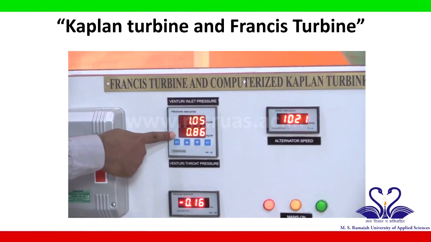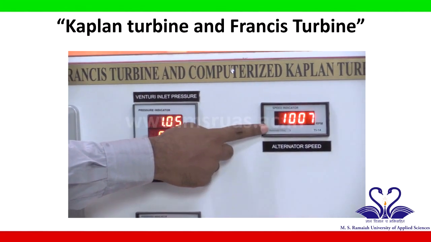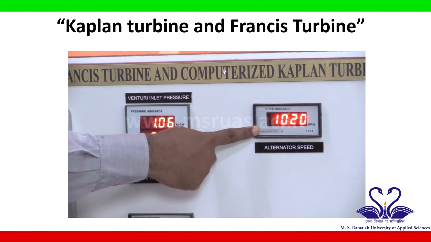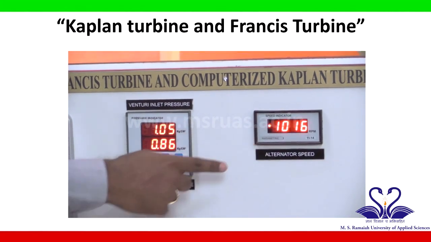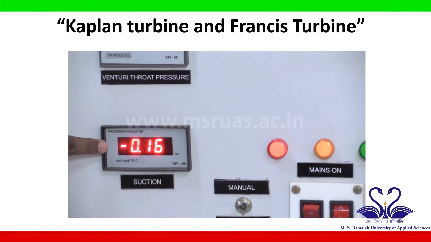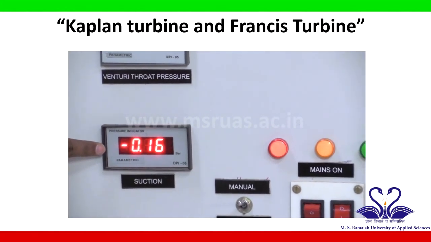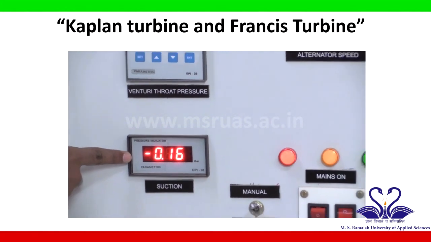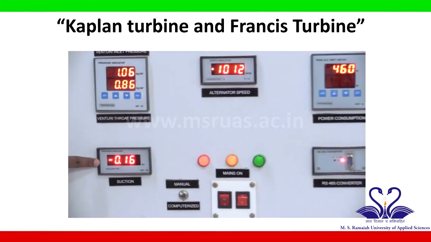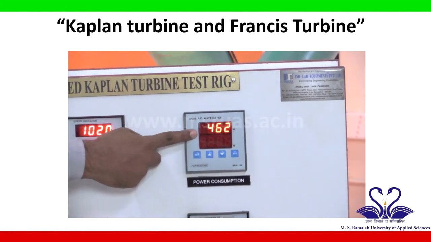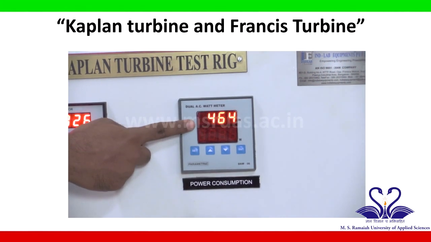The speed of the alternator can be observed over here. The turbine outlet pressure, which is lower than the atmospheric pressure, can be observed over here. And also the power extracted by the incandescent bulbs is indicated on the watt meter over here.